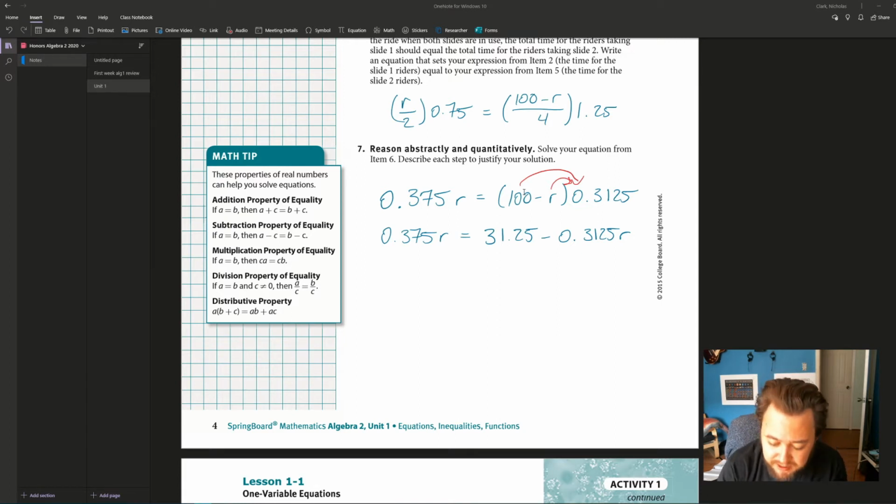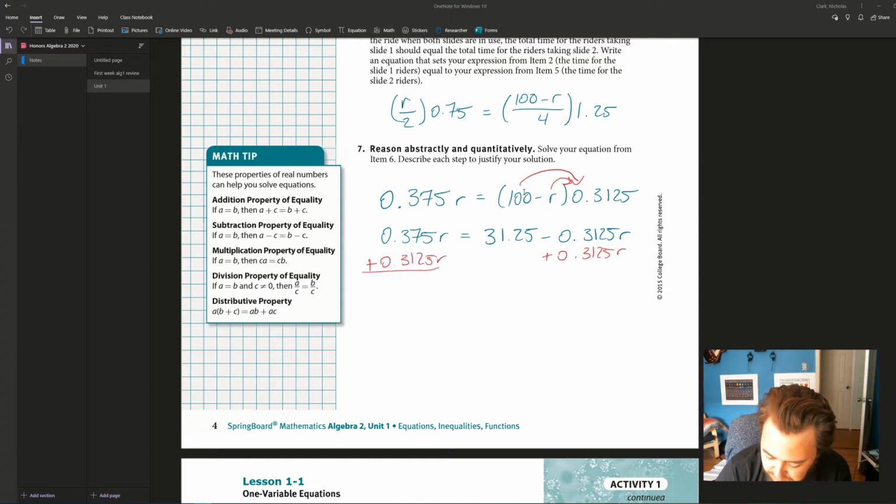So I'm going to add the smaller value, this 0.3125. So plus 0.3125 r's. We're going to say plus 0.3125 r's.